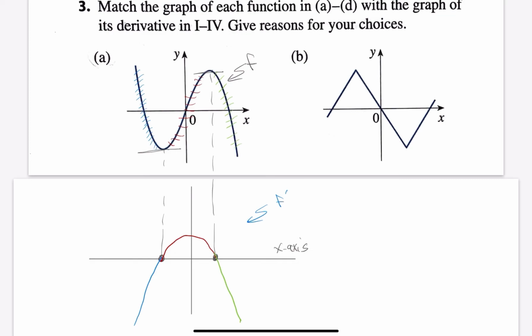Okay, so let's try this one. Okay, first of all, I notice the cusp in here, the corner, right? So it's not differentiable at these 2 points. Okay, it's not differentiable in these 2 points.